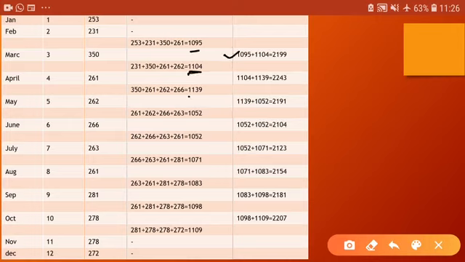Then 1104 and 1139 is 2243. Then 1139 plus 1052 is 2191. Then 1052 and 1052 is 2104. 1052 and 1071 is 2123. 1071 and 1083 is 2154. 1083 and 1098 is 2181. 1098 and 1109 is 2207.